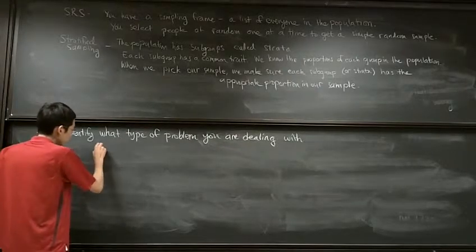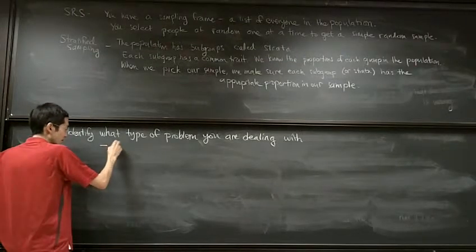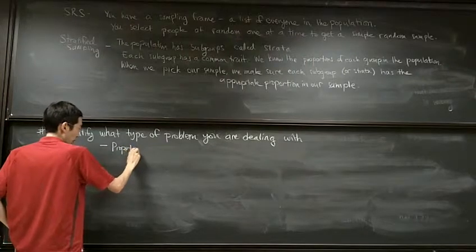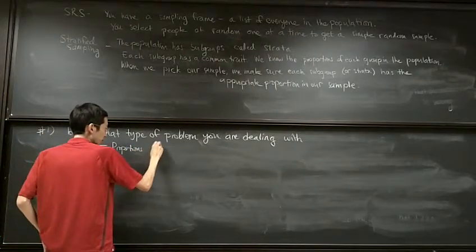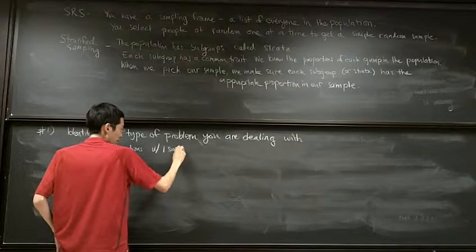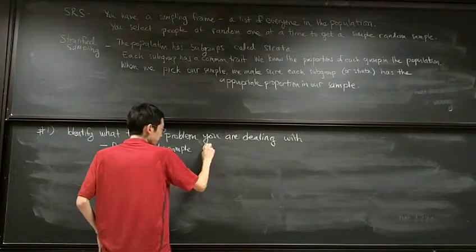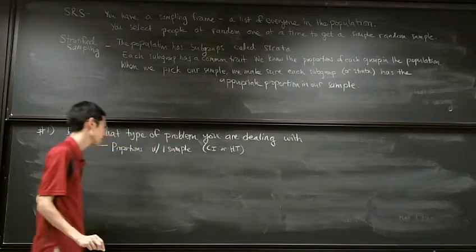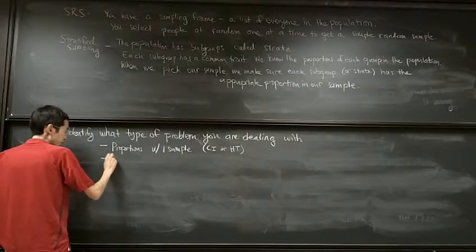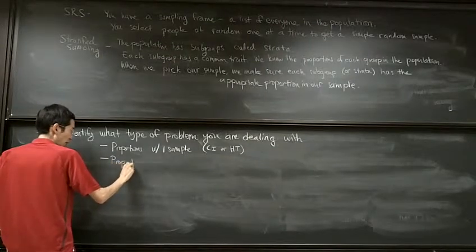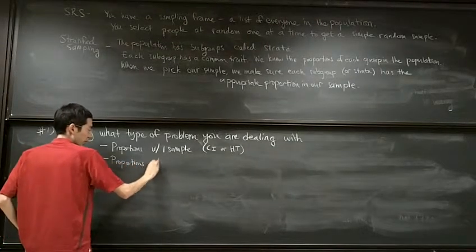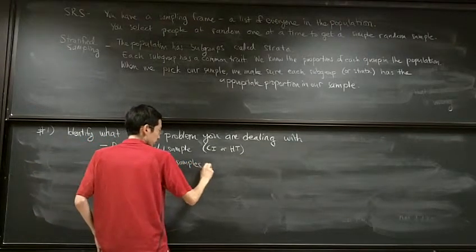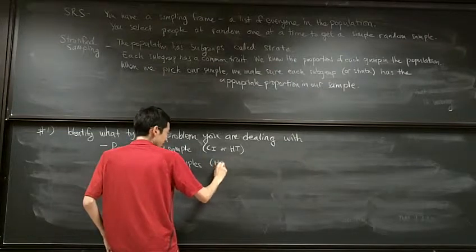And so we have proportions with one sample, and it could be either a confidence interval or a hypothesis test. Then we have proportions with 2 samples, and that is going to just be a hypothesis test.